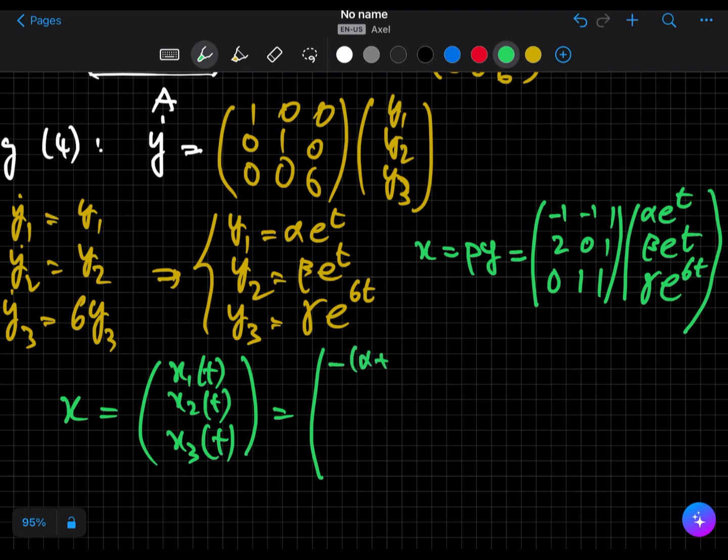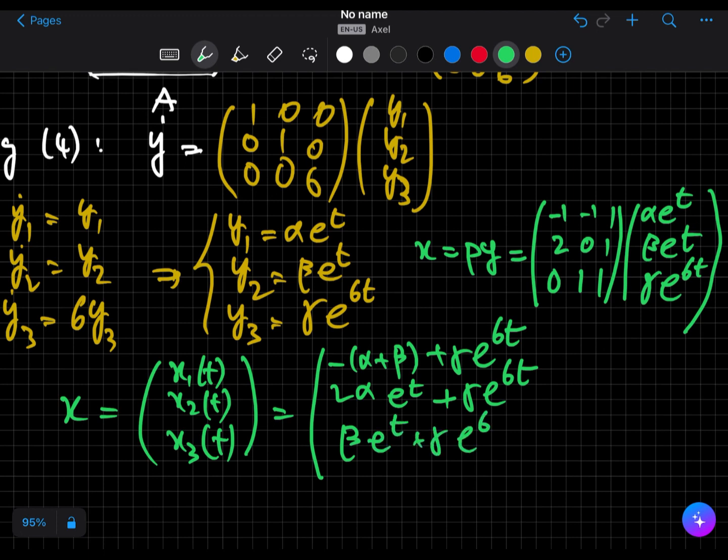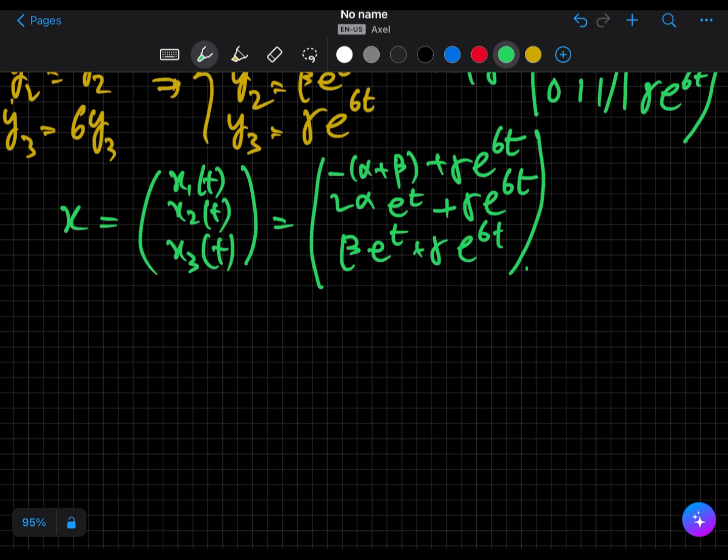This gives me minus alpha plus beta plus gamma e^6t, then 2 alpha e^t plus gamma e^6t, and then beta e^t plus gamma e^6t. So I have obtained this solution.